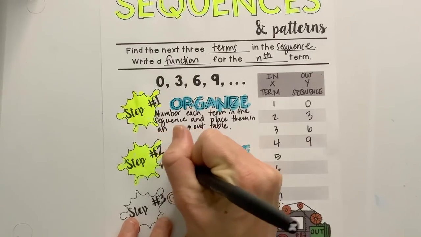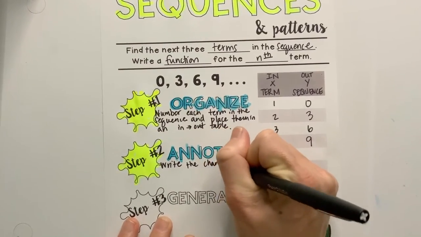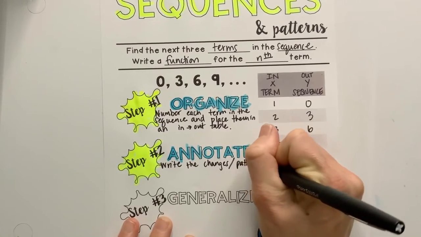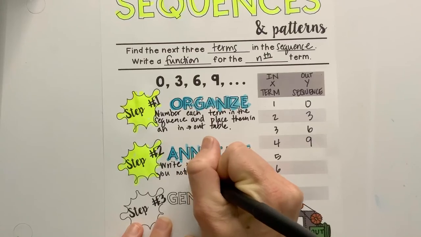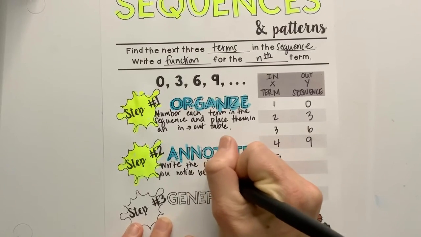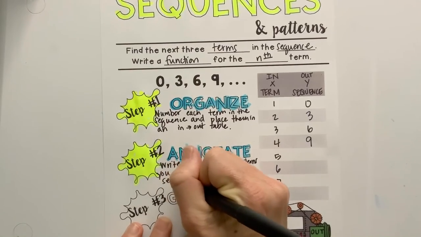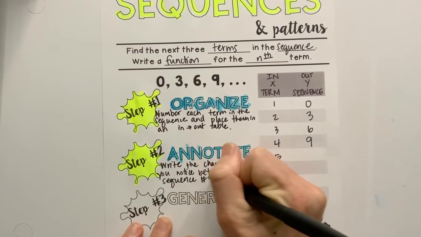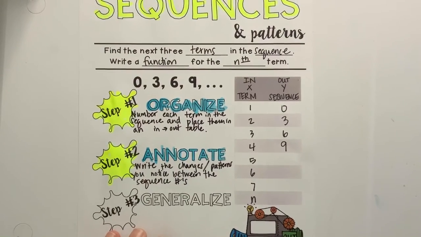Okay, so you are going to write the changes or the patterns you notice between the sequence numbers. Okay, so let's go ahead and check it out.